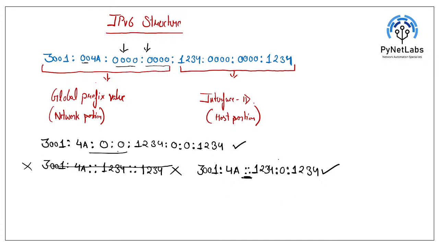Now once this is understood by everyone, we will move to some address types. We have some types of addresses in IPv6 which we are going to see. In those address types we have three categories, so let's move to the types of addresses.